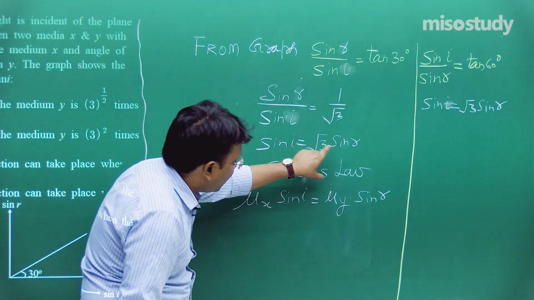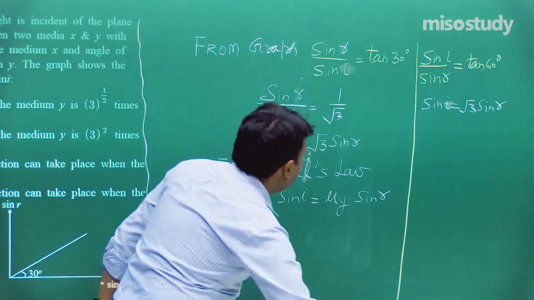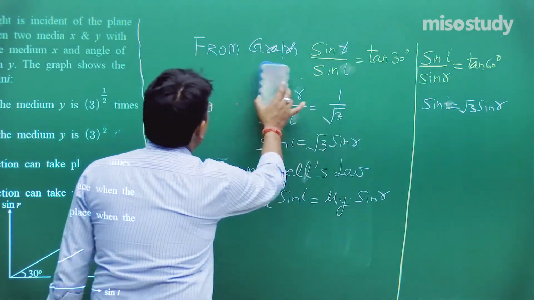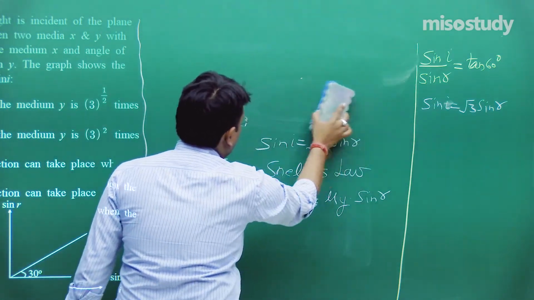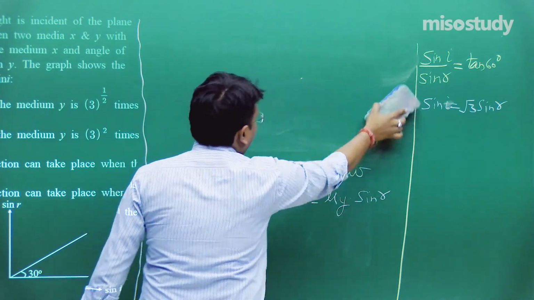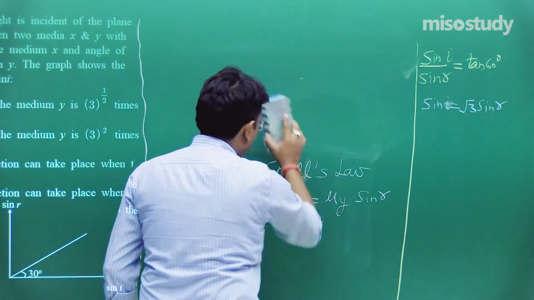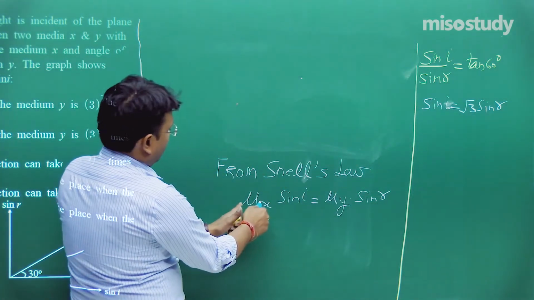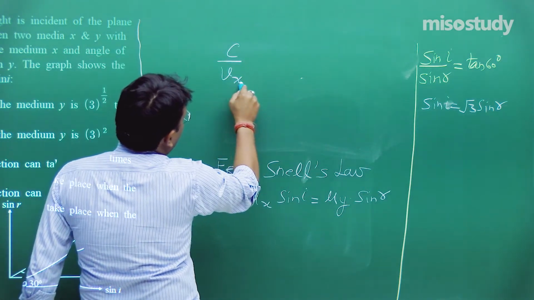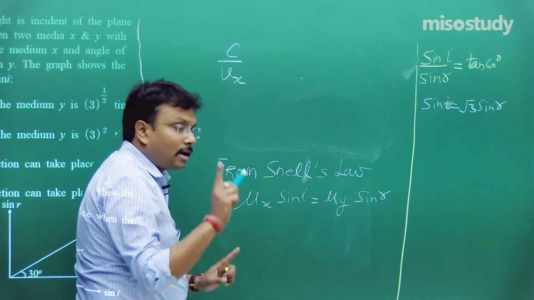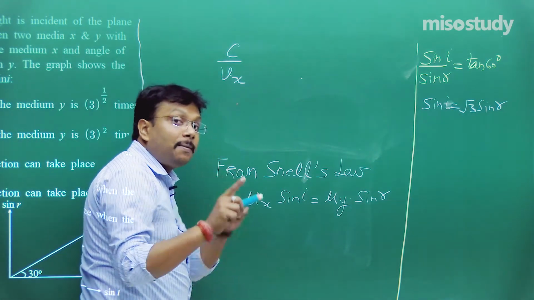Root 3 sin r. Fine. So please allow me to use this space, then the sequence is going to remain the same. At the place of mu x, I can write down c upon vx sin I.